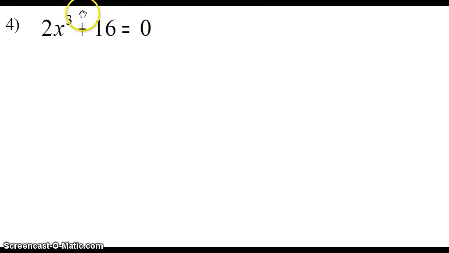Last problem here, number 4, is a sum of cubes, and it isn't right off the bat because we have to factor out a 2. If you factor out a 2, you'll see that we have the sum of cubes. Take a 2 out of both of these, and I'm left with x cubed plus 8.